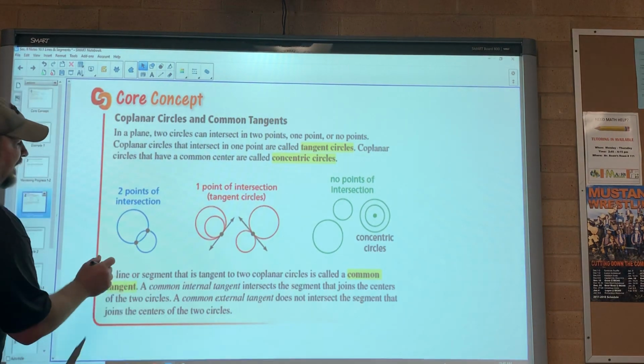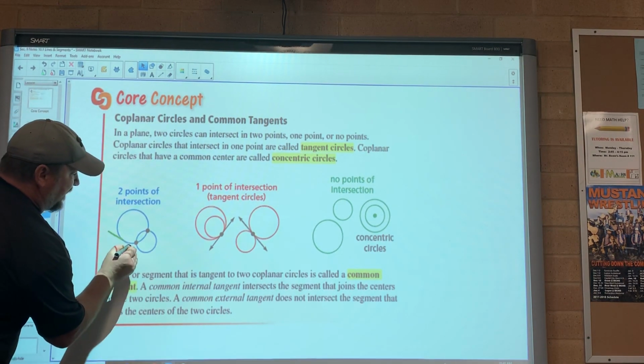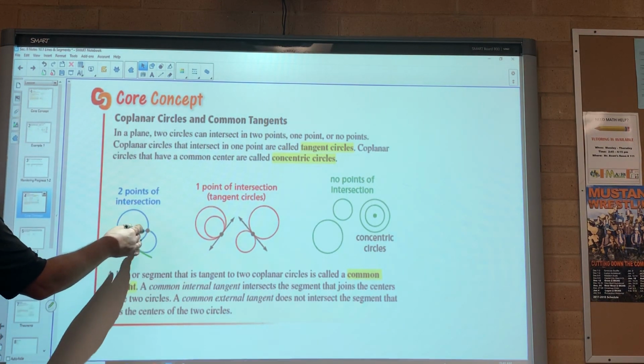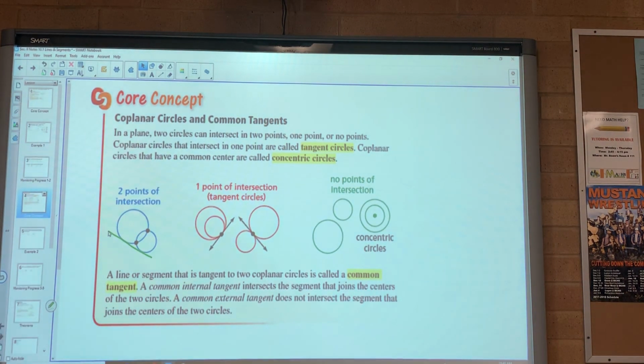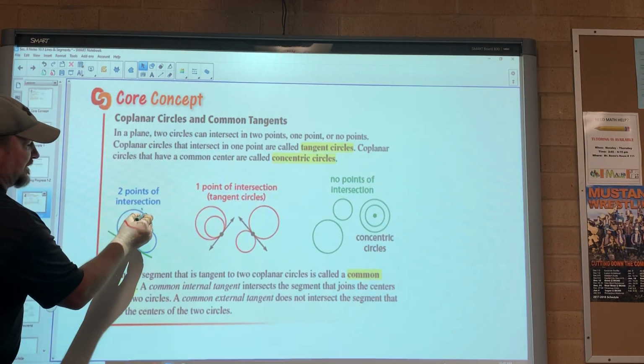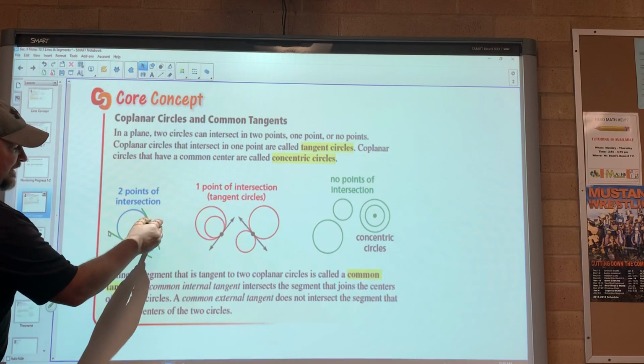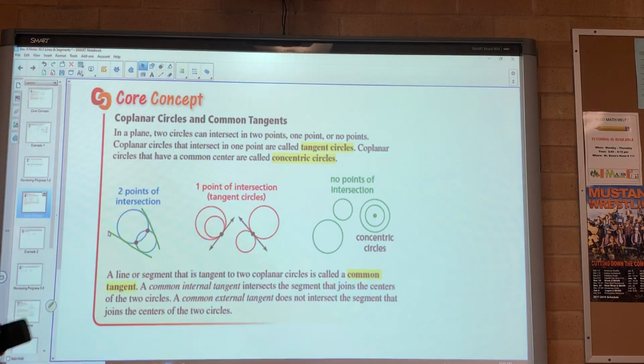So in other words, if I were to draw a tangent in from here and here, that is a common tangent for these two coplanar circles. There's also a tangent that comes this way too, okay? There cannot be one here because it would be actually going through the circles. So this one has two external tangents. Does that make sense?